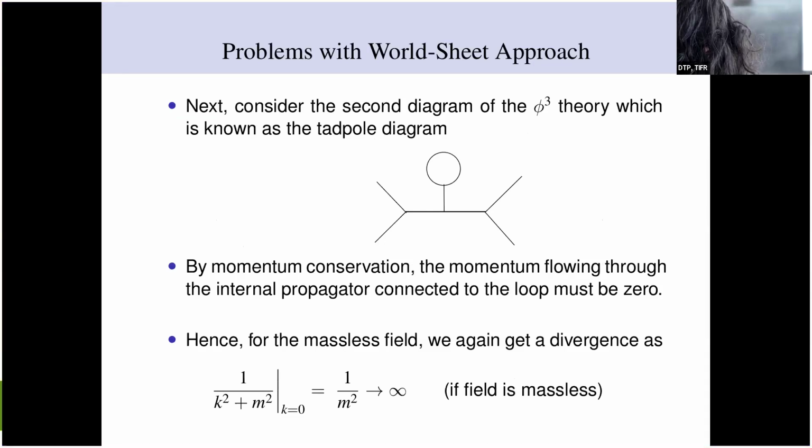So let's consider the second diagram of phi cubed theory. This one is known as the famous tadpole diagram. By momentum conservation, you can easily see that the momentum flowing through the internal propagator, which is connected to the loop, must be zero. Hence, if you have a massless field, we again get the divergence if we try to compute this naively.